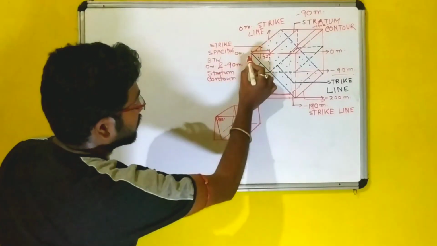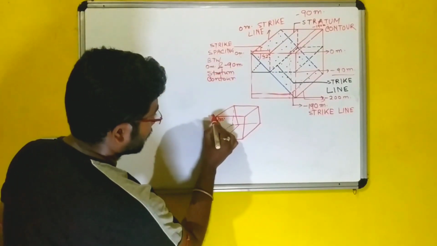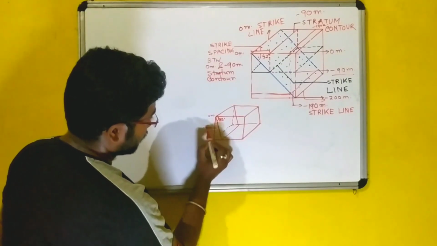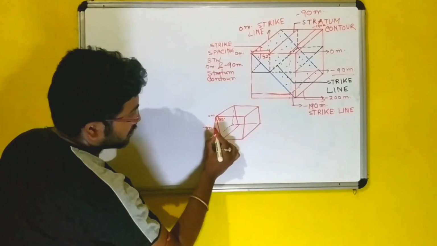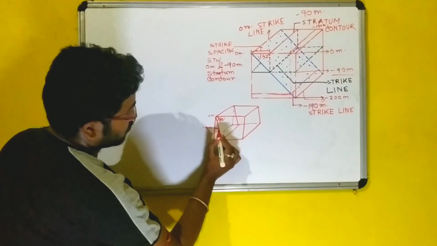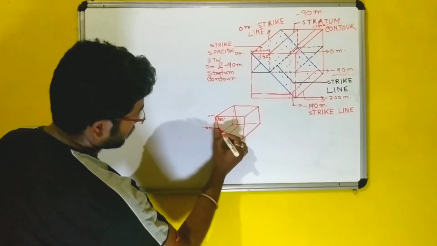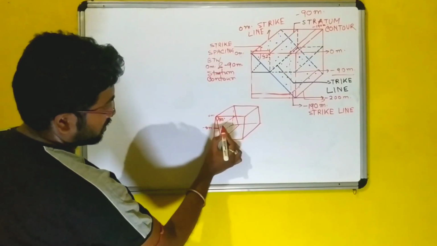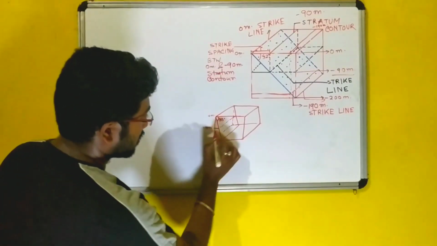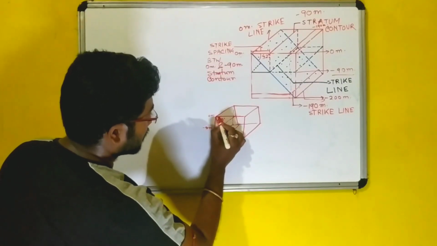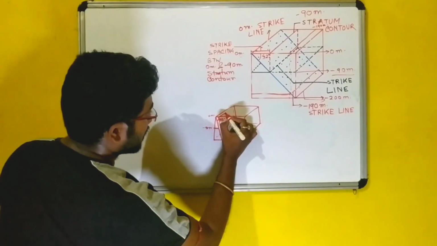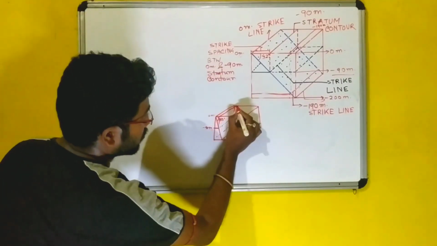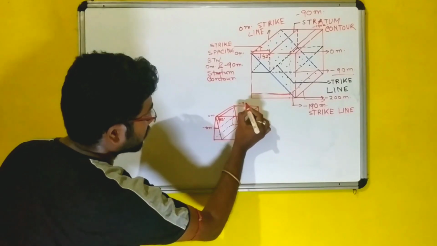Now suppose this is 0 meter, after going to minus 90 meter level, I am imagining one horizontal plane. So it will intersect this inclined plane, that will be the minus 90 meter strike line. We have to project it to the surface to get the minus 90 meter stratum contour. Here it is the minus 90 meter stratum contour.